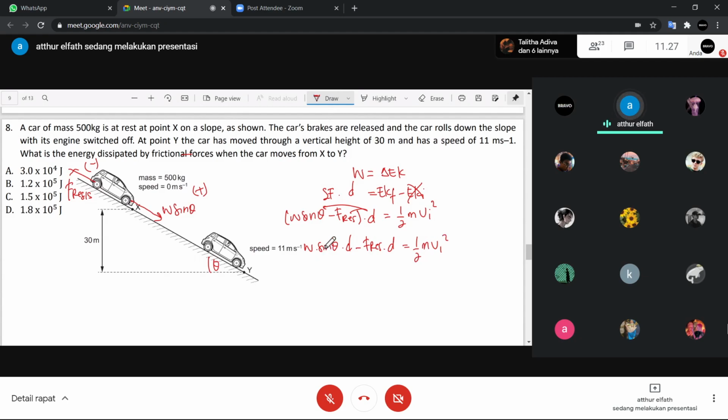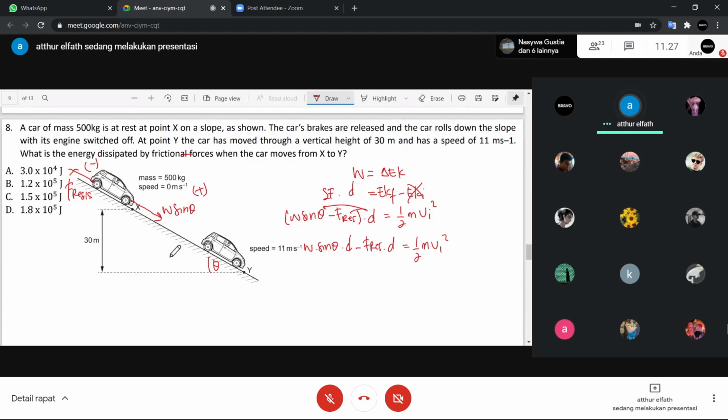So how do we find sin theta? Because this question only gives the height without giving us the distance.